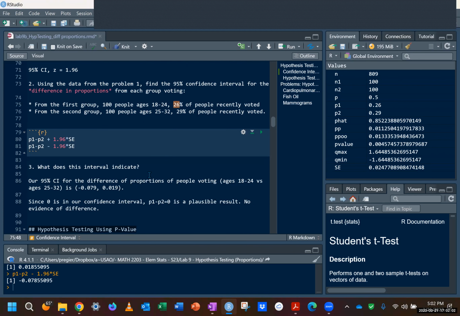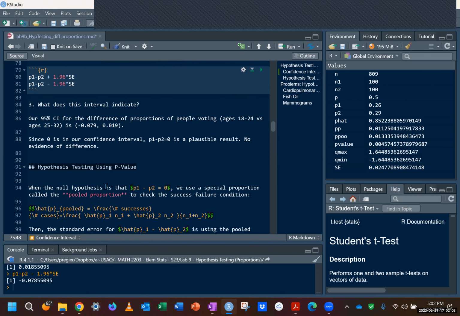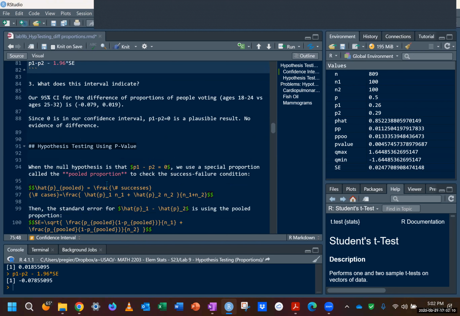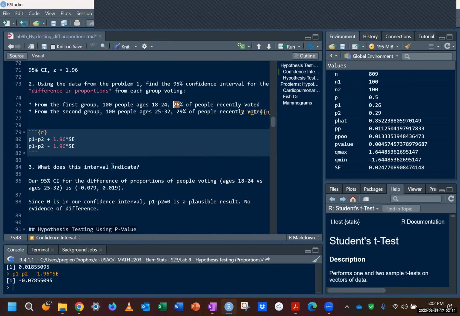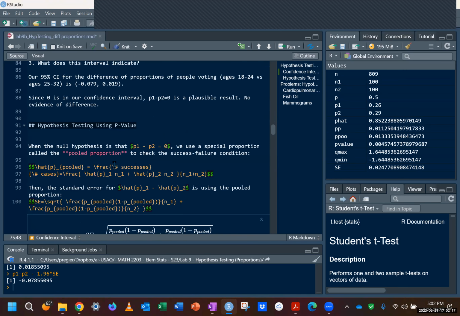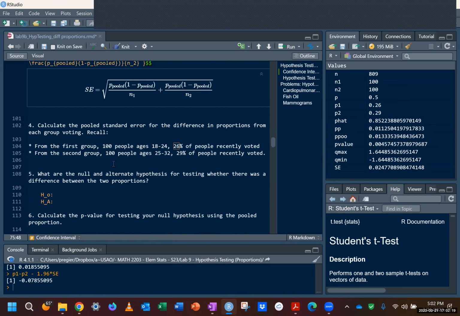Okay, so that's the first way to interpret our hypothesis test, with a confidence interval. Next, let's do the p-value. For the p-value, we need to really say what our hypotheses are. So I'm going to skip down to question 5.